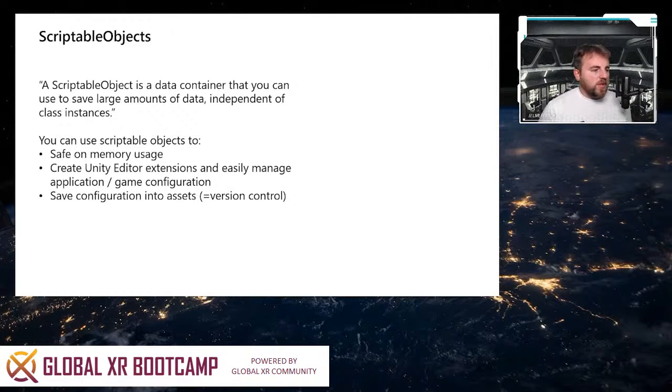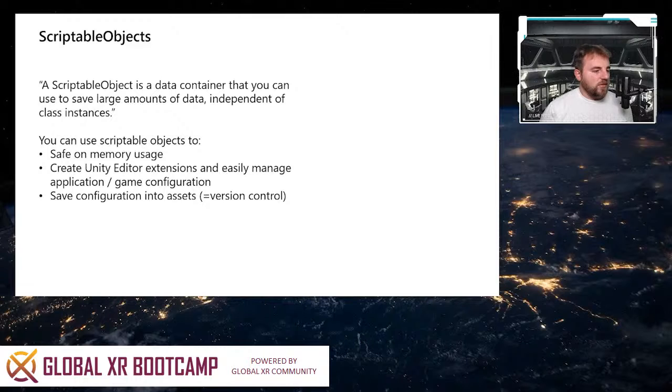We can use them to create editor extensions, for example, and easily manage application and game configuration. If you are familiar with the mixed reality toolkit, then the configuration profiles that are used for the different services of the toolkit are basically just scriptable objects that are saved into an asset, and then you can use them to configure the services.